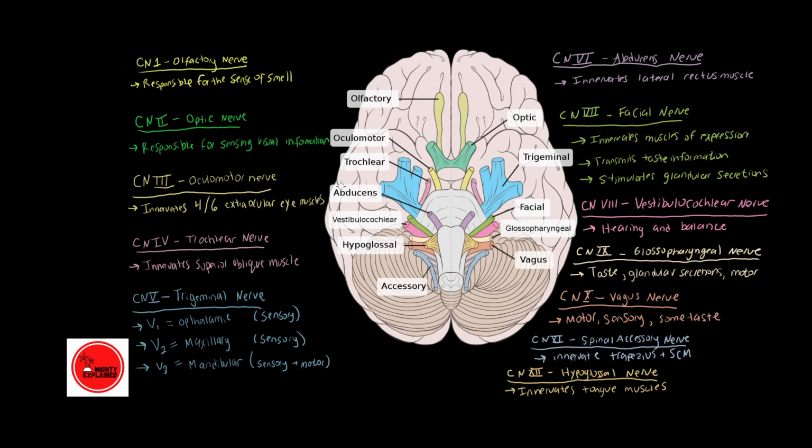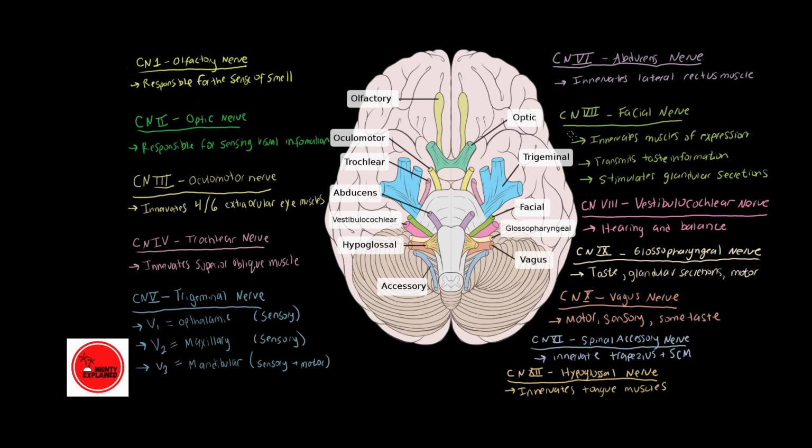Next, we have the facial nerve. So the facial nerve, as the name suggests, is involved in the innervation of the muscles of the face. It innervates the muscles of expression, so the muscles that you use to raise your eyebrows, the muscles that you use to smile or close your eyes. And the facial nerve is also responsible for transmitting taste information and stimulating glandular secretions.